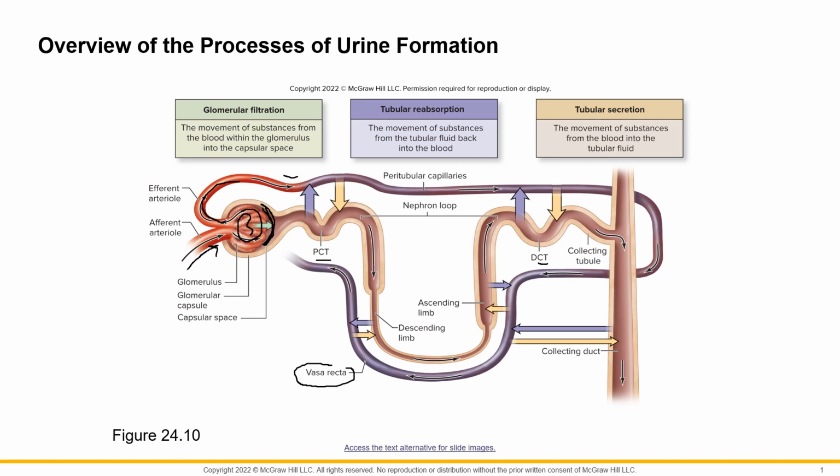So this fluid, we are going to call the filtrate. So that component of urine formation is called glomerular filtration. And we're going to go into each of these steps in detail.